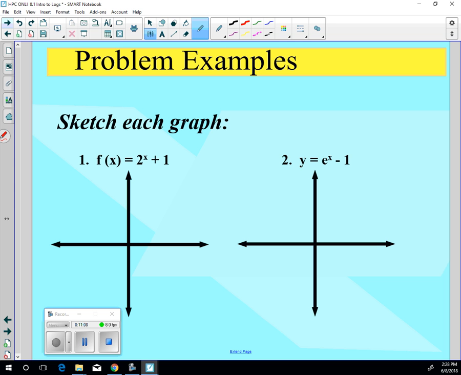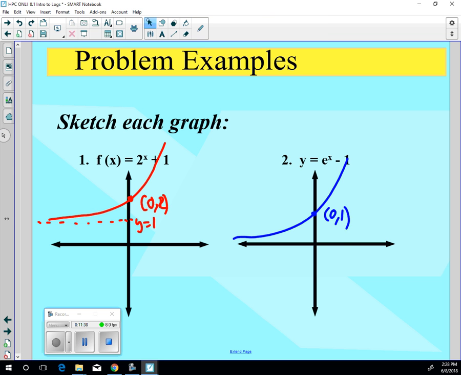Well, here's sketching graphs. Here's 2 to the x, which goes through (0, 1). And then if it's plus 1, it just moves this whole thing up 1, which turns this into (0, 2). It has an asymptote. Instead of y equals 0, it'll be y equals 1. e to the x, remember, goes through (0, 1).